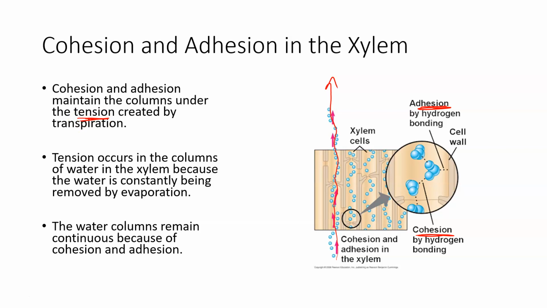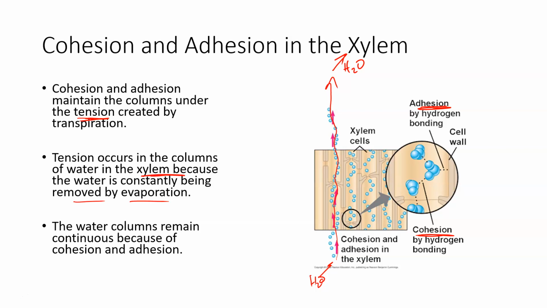Tension occurs in the columns of water in the xylem vessels because the water is constantly being removed by evaporation. There is water that is constantly being evaporated out of the plant, and as one water molecule is evaporated, it pulls the entire column of water up with it, which in turn pulls a water molecule into the roots from the soil. And so we constantly replace water that is lost through evaporation. That is called transpiration.